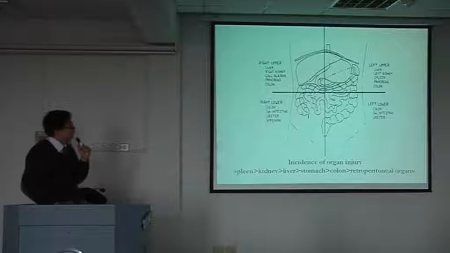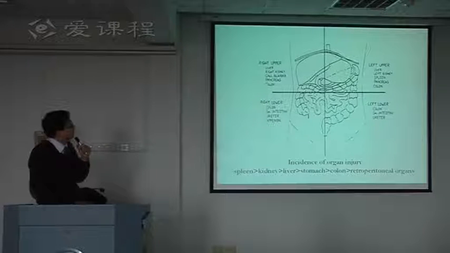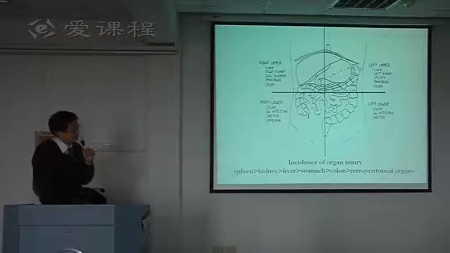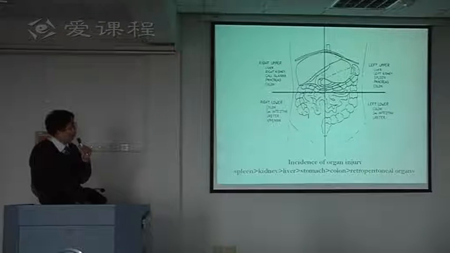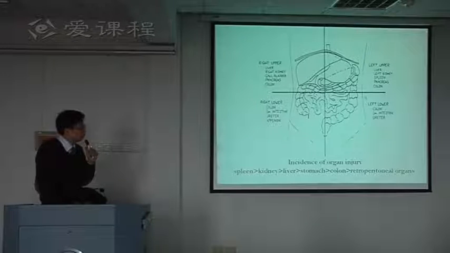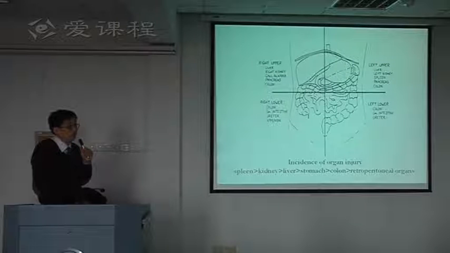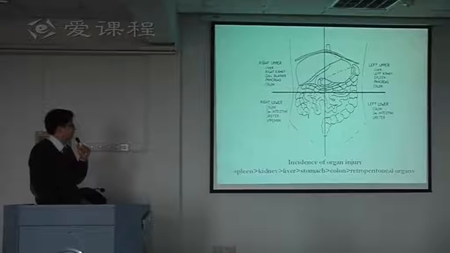Okay. So normally, the right upper area and the left upper area, the left lower area and the right lower area, the 4 regions, different organs, different disease, different manifestation, and different kinds of pain in nature.